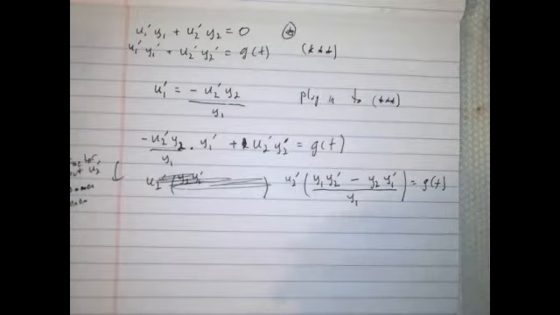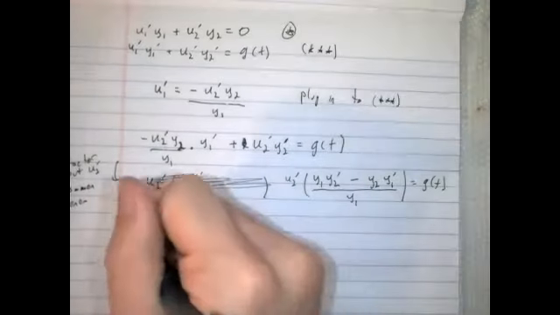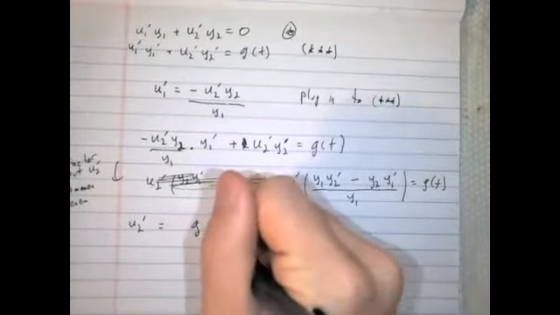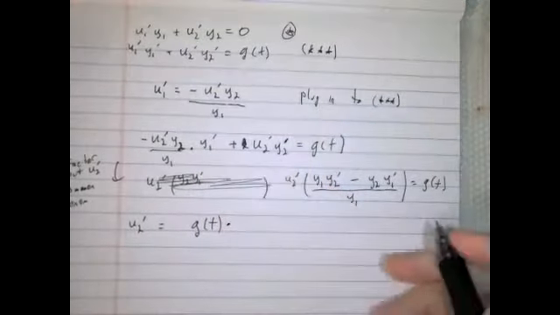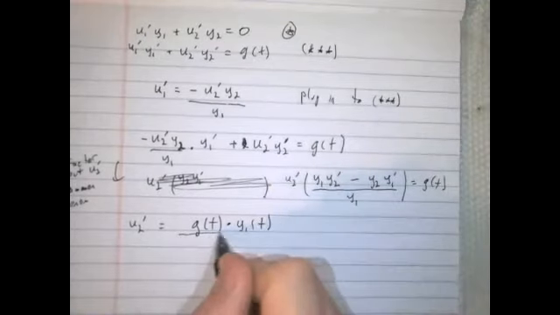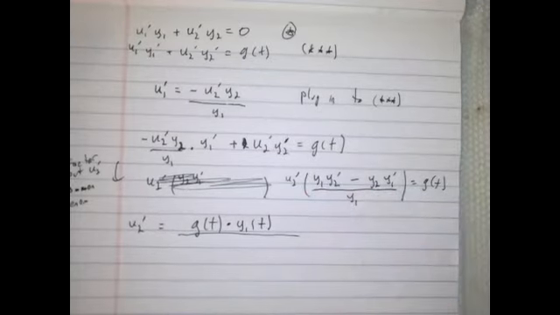Or, in other words, if I want to just solve for u2 prime, I get u2 prime is equal to g of t times y1 of t divided by, what is this thing? y1 y2 prime minus y2 y1 prime.